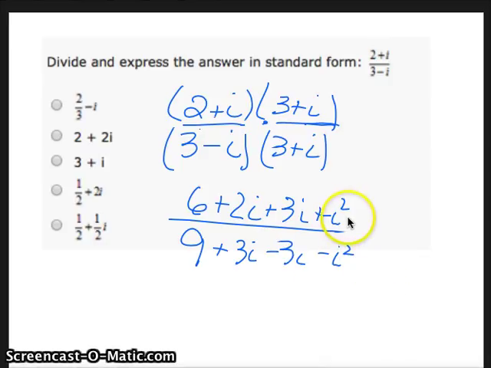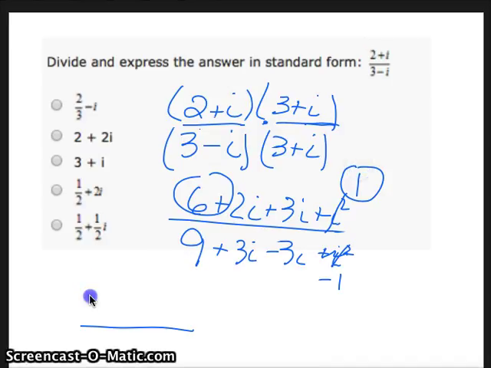Now remember, we know that i squared is negative 1. Let's rewrite that. So it's 6 plus 1, which is 7, plus 5i over, well, the i's go away, and 9 minus 1 is 8.